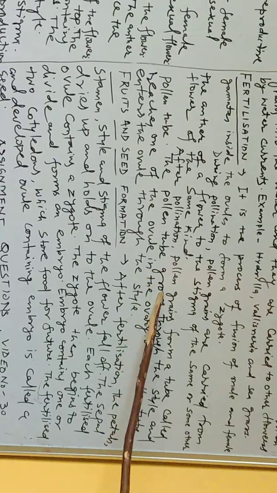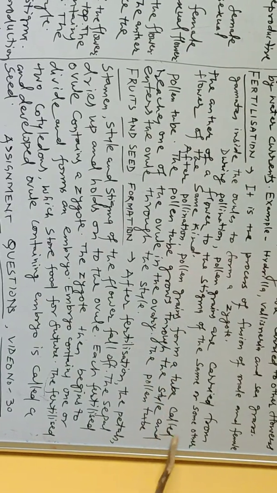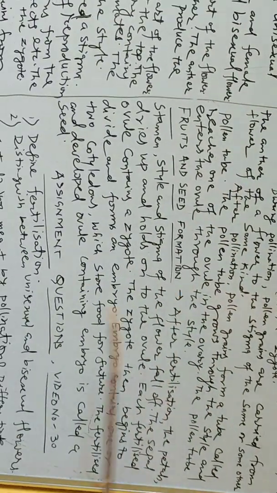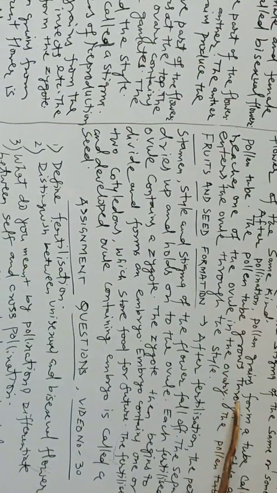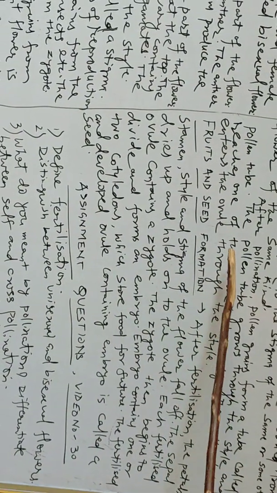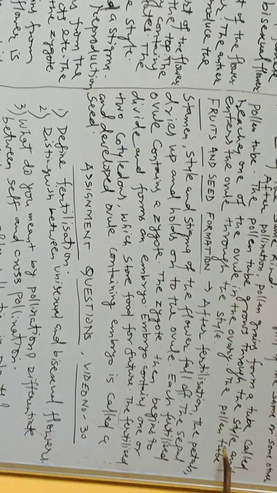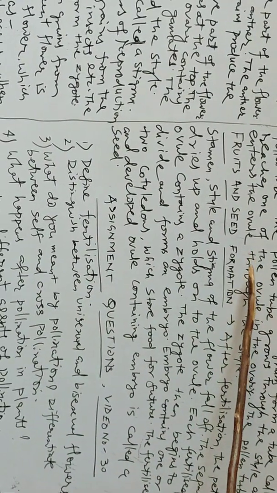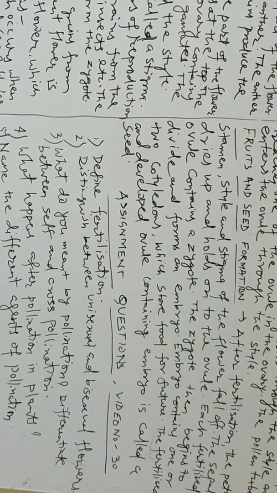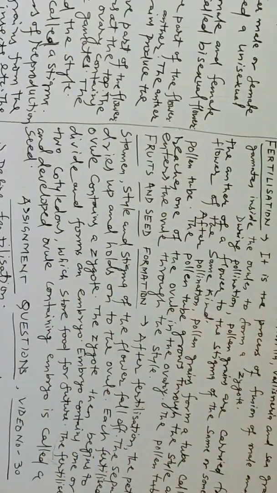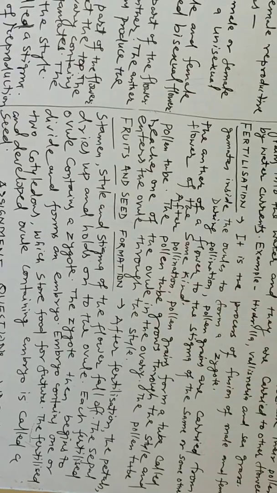After pollination, pollen grains form a tube called the pollen tube. The pollen tube grows through the style and reaches one of the ovules in the ovary. The pollen tube enters the ovule. See the diagram of how fertilization occurs in the plant.